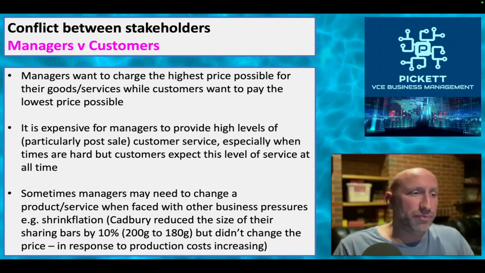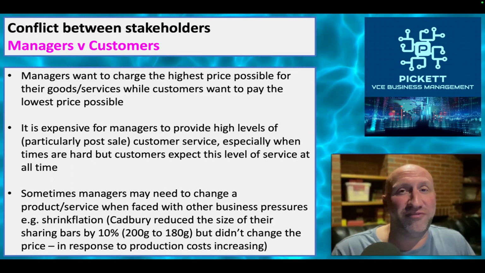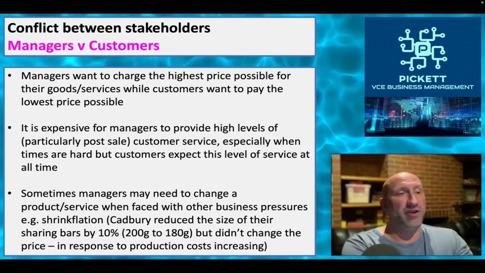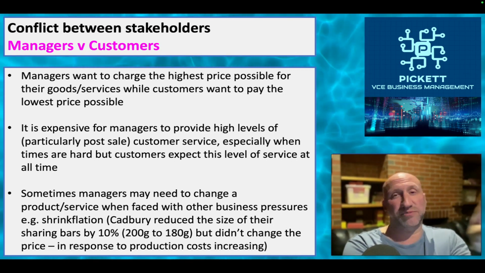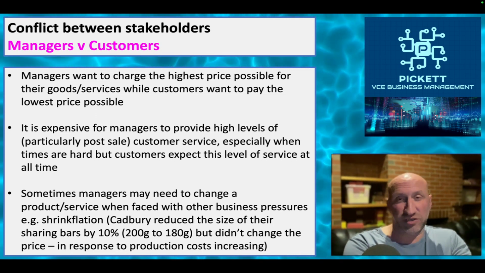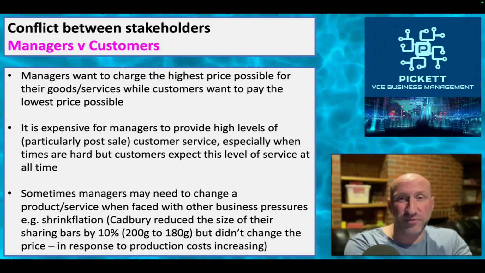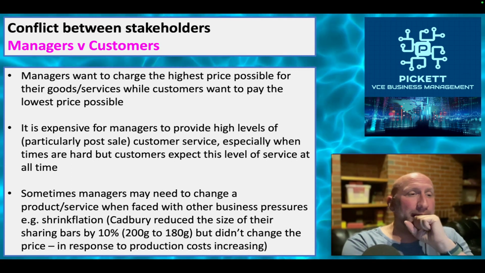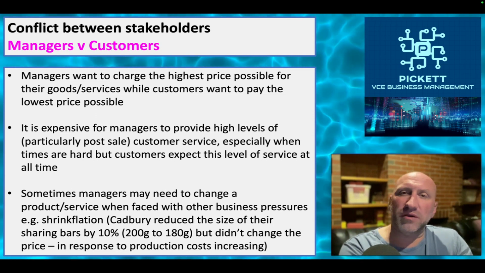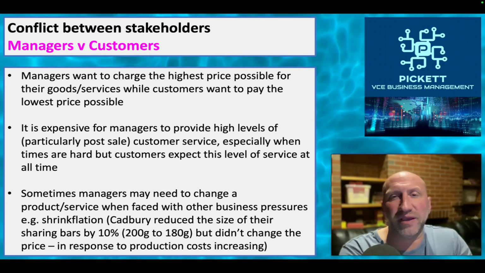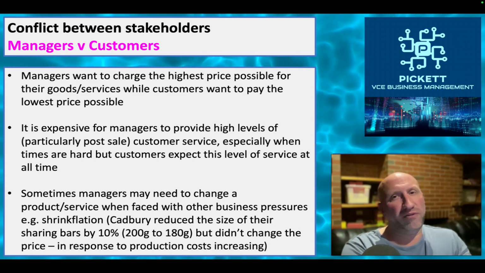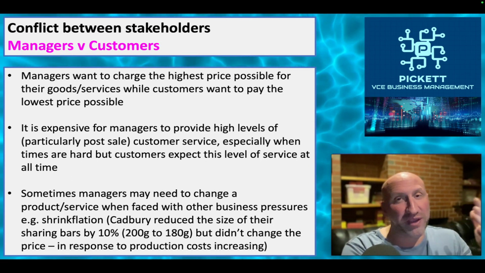Another area of conflict could be that it's expensive for managers to provide high levels of, particularly post-sale, customer service. We talked about customer service earlier, and I did talk about post-sale, especially when times are hard. For example, when COVID hit and businesses were doing it tough, they lost a lot of their customers.